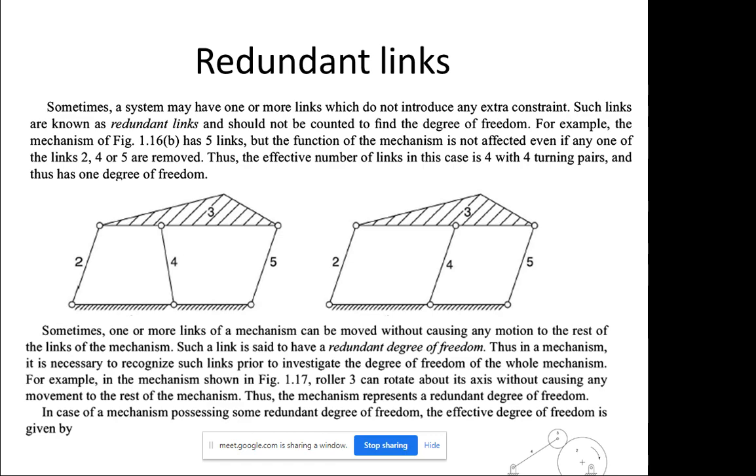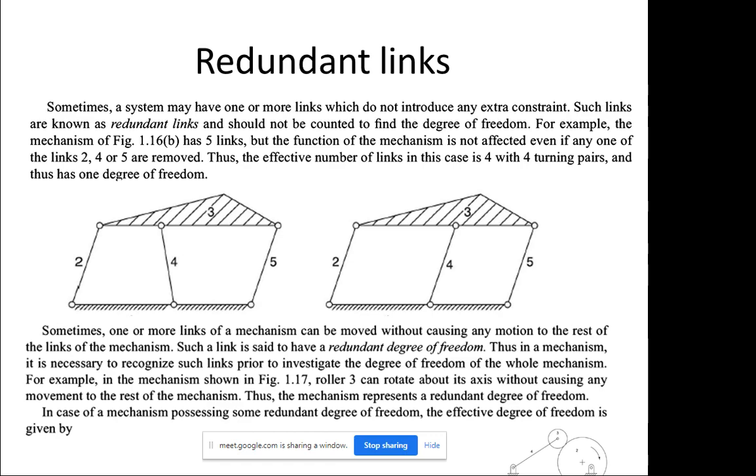For example, you can see in the mechanism in the figure below. It has 5 links, but the function of the mechanism is not affected even if any one of the links, that is 2 or 4 or 5, is removed. Suppose you remove 4, it will not make any impact.